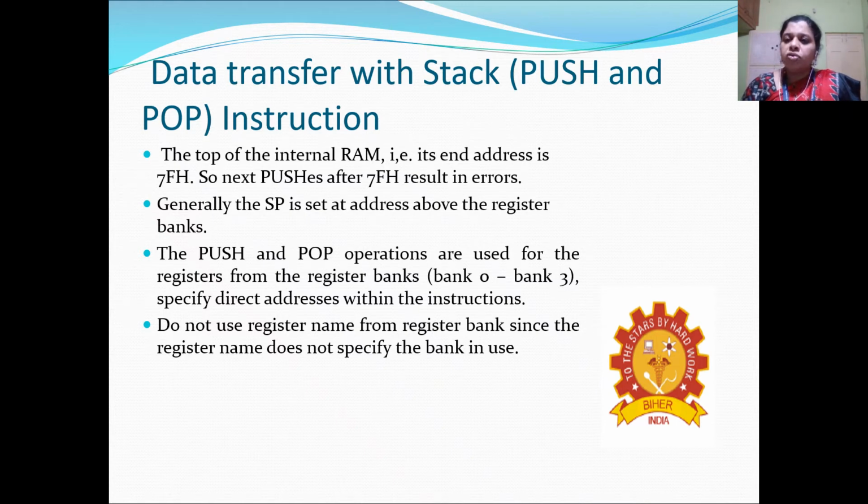When we are using these registers, we should not mention their name, because if we simply mention R0 to R7, we don't know which register bank it belongs to. So we should not use the register name from the register bank, since the register name does not specify the bank in use. So this is the thing related to the stack operation.